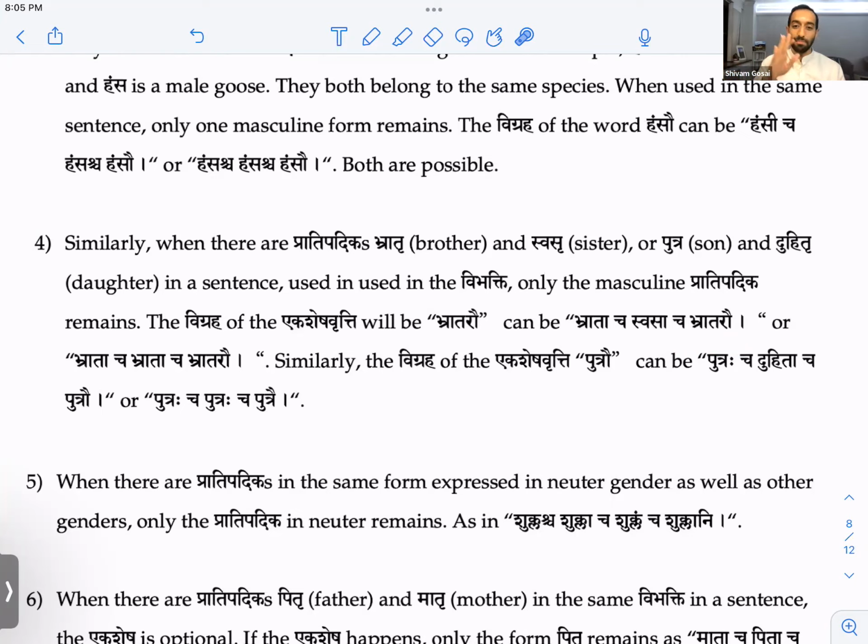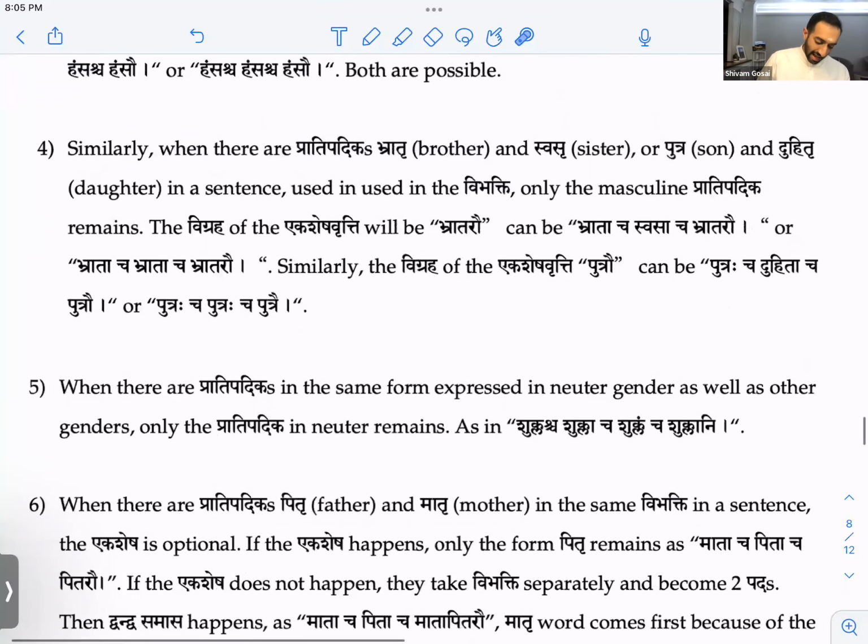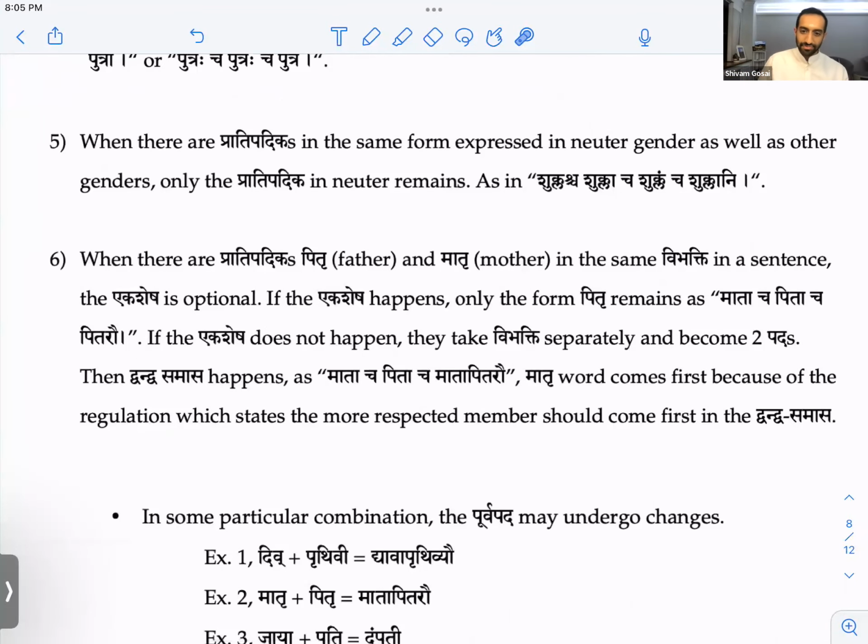You can say bratacha swasacha, but if you're trying to cut out, Ekaśeṣa is one remaining out of many, you can just say brataro. And the last example I'll give, moving us along, is mother and father. Matacha, mother, and pitacha, pitaro.